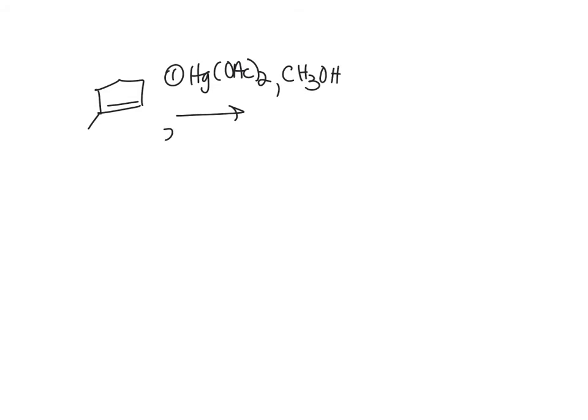All right, so let's do this reaction, and you need to have this in your reaction sheet as well. If you used, first step, mercury acetate, and you did this in methanol solvent instead of water, and then the second step is sodium borohydride, which is your demercuration step.